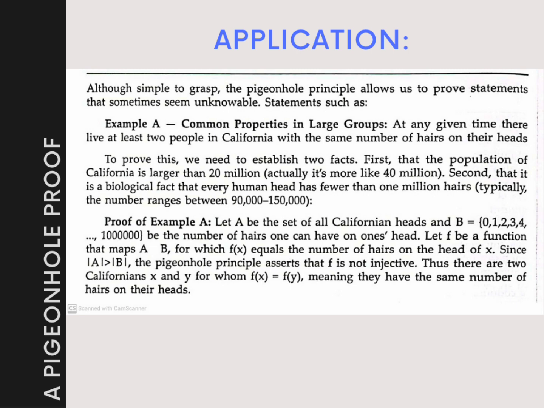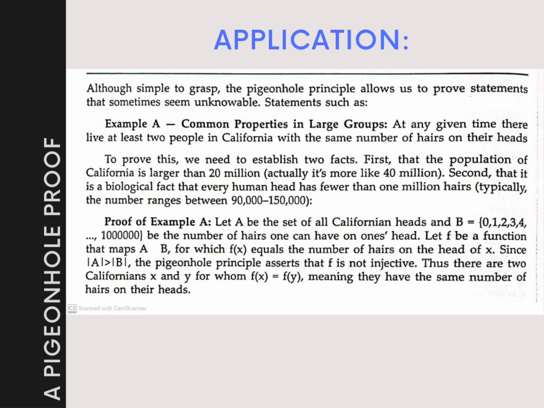To prove this, we need to establish 2 facts. First, that the population of California is larger than 20 million. Actually, it's more like 40 million. Second, that it is a biological fact that every human head has fewer than 1 million hairs. Typically, the number ranges between 90,000 and 150,000.